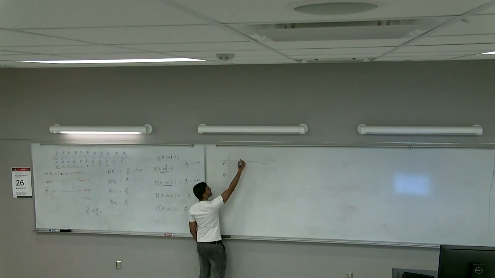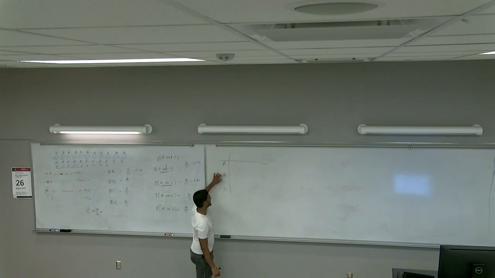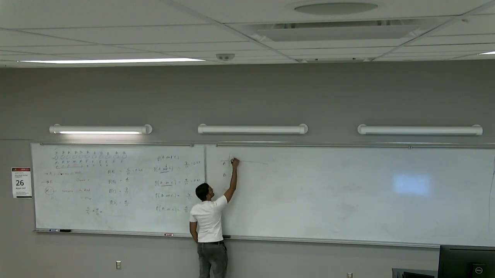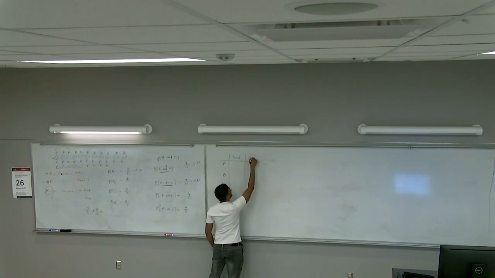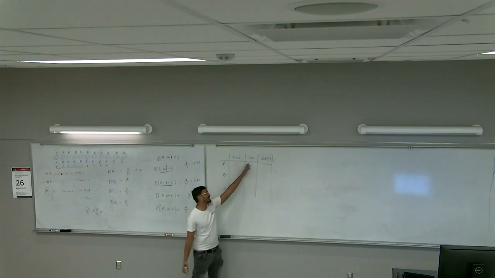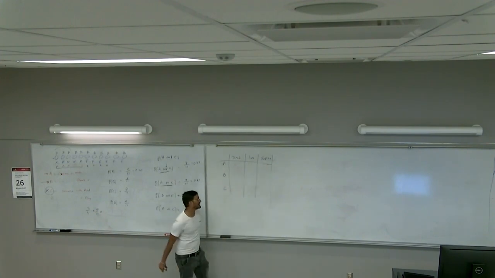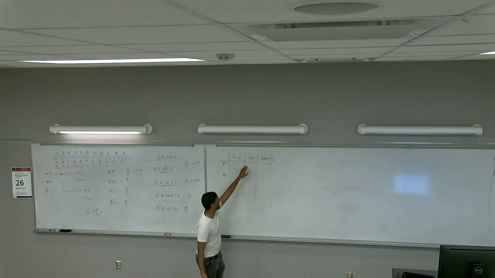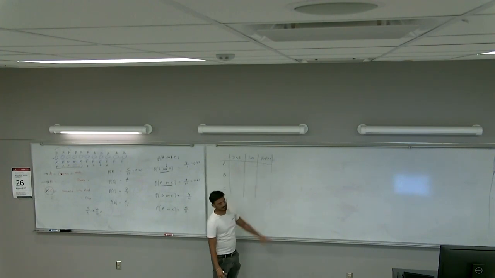Suppose there are different states for these trees. One is dead, the other is live, and the third is sapling. Sapling means a very young tree. Live and saplings are both alive, but they are separated into two parts depending on their age.